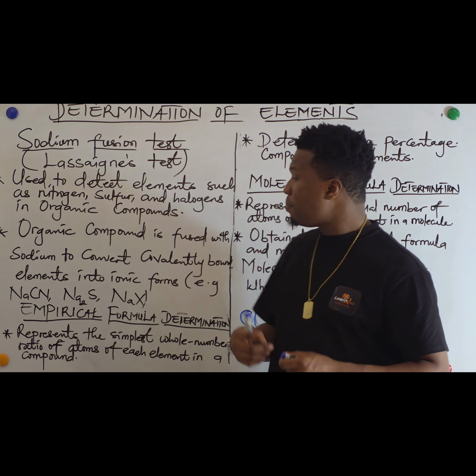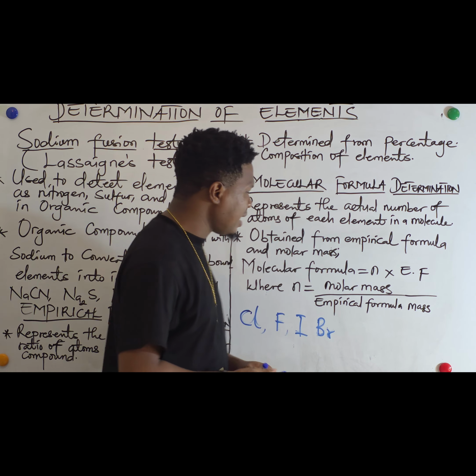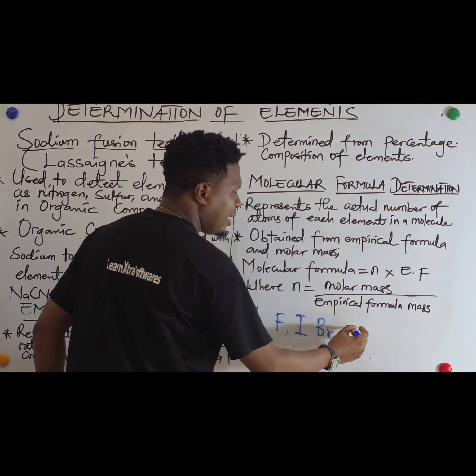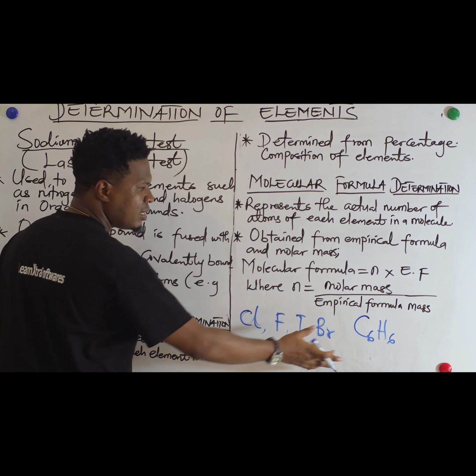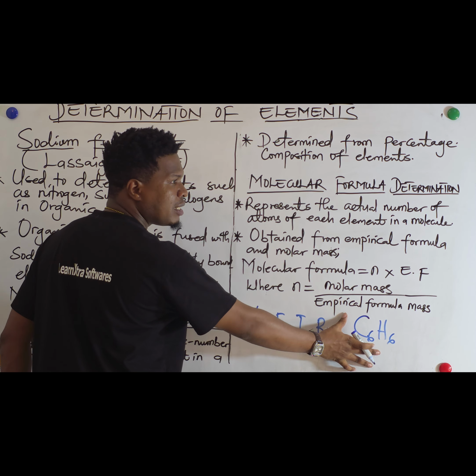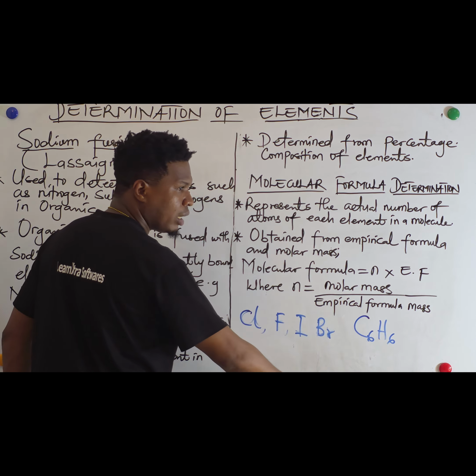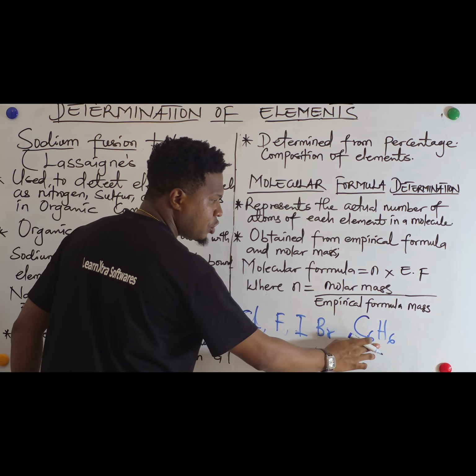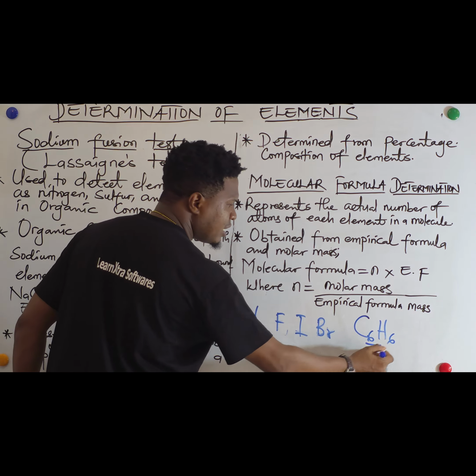Now, the next thing is how can we determine the empirical formula of an organic compound? The empirical formula is the simplest ratio that the organic compound can have. For example, benzene is C6H6, but this is not the simplest ratio, because 6:6 can be simplified. The simplest ratio is 1:1, if I divide by 6.